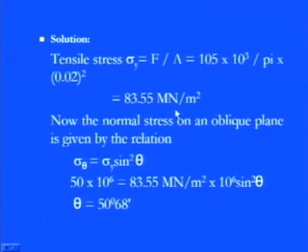The other information given was that we have a normal stress at an oblique plane equal to 50 meganewton per meter square. By the formula, when an object is subjected to a pure tensile load, the normal stress component is equal to the applied stress into sin square theta.